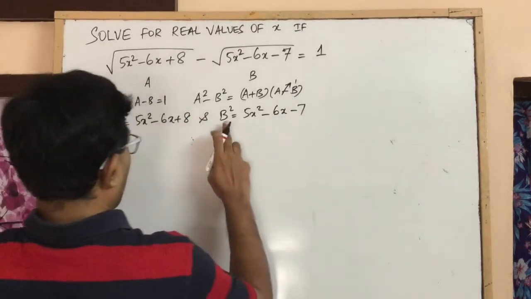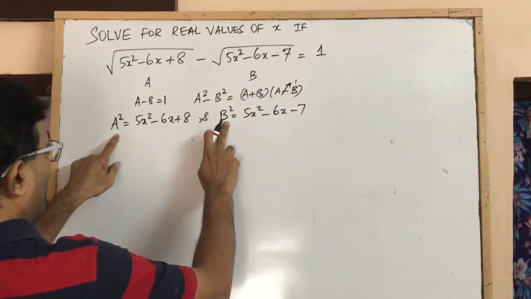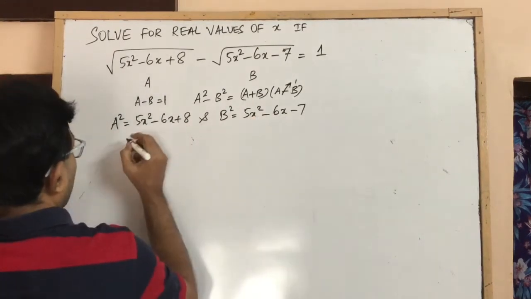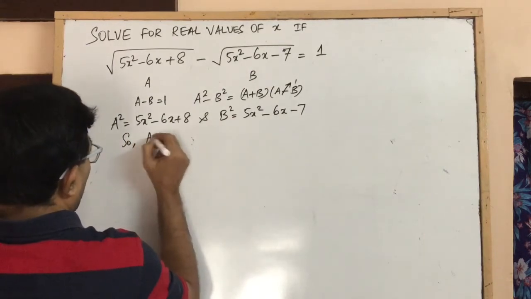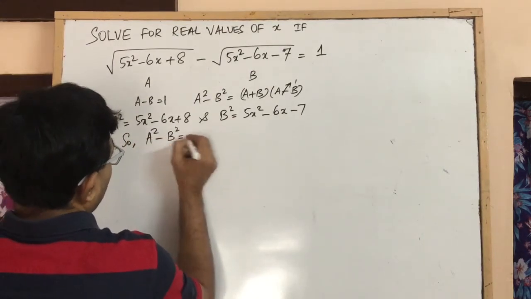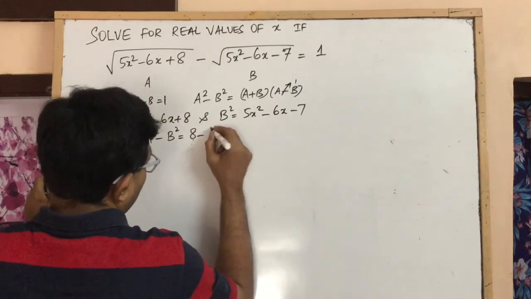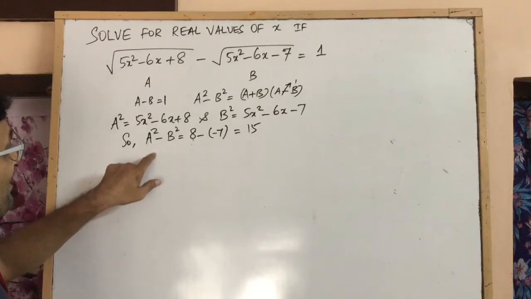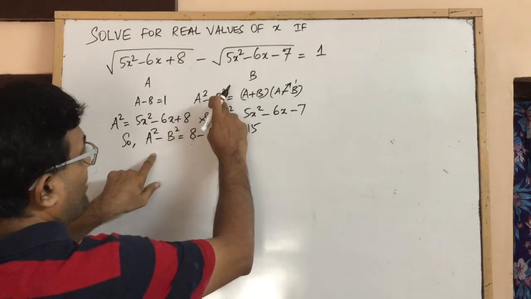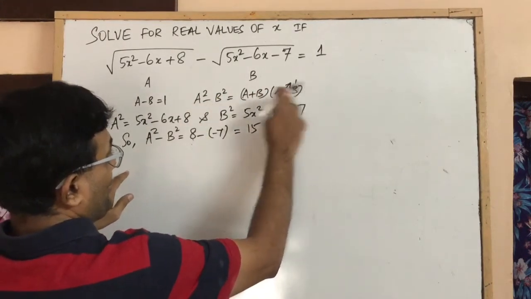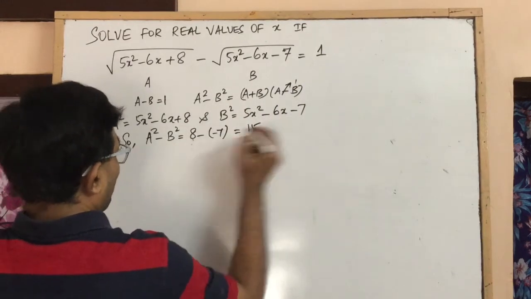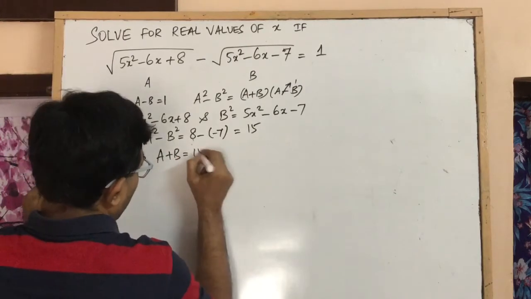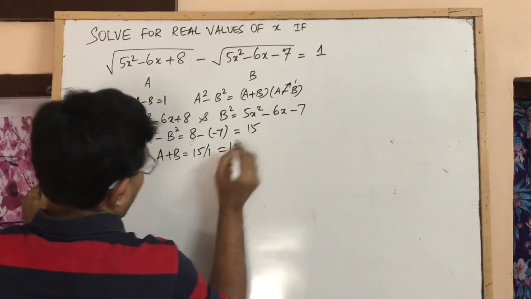This means if we subtracted b squared from a squared, all that we would get is 8 minus 7, so a squared minus b squared would be 8 minus negative 7, which is plus 15, right? Now a squared minus b squared is 15 and a minus b is 1. That means a plus b should be 15 divided by 1, which is 15.